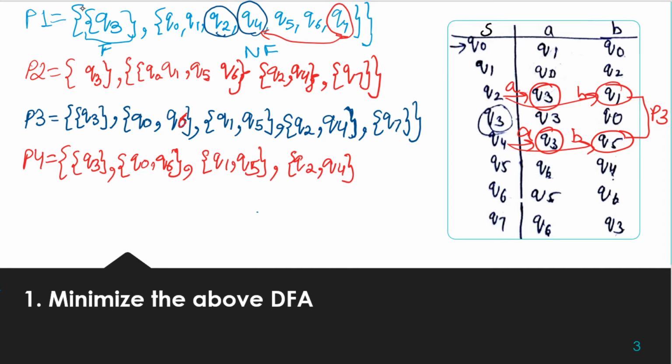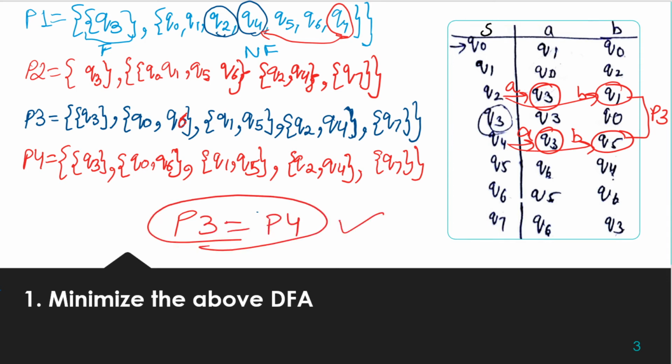So now we can conclude that we have partition 3 same as partition 4. We can stop the process here, as we are getting no new grouping of states for partition 4.